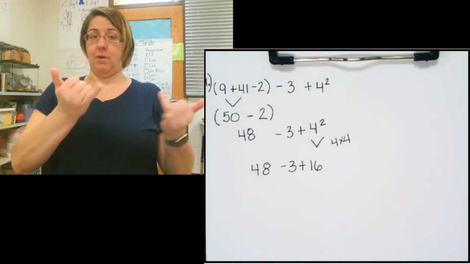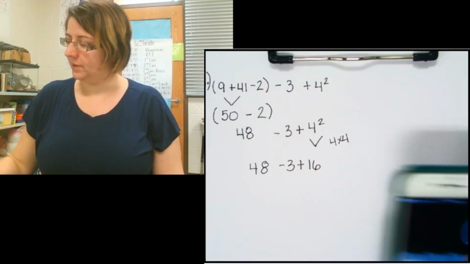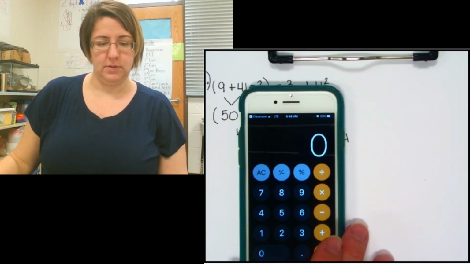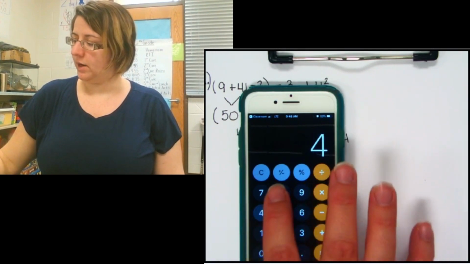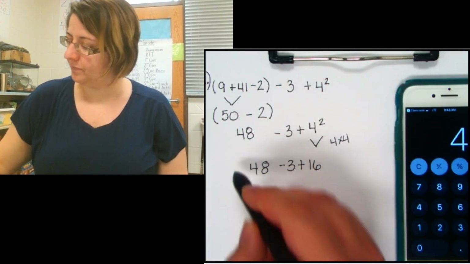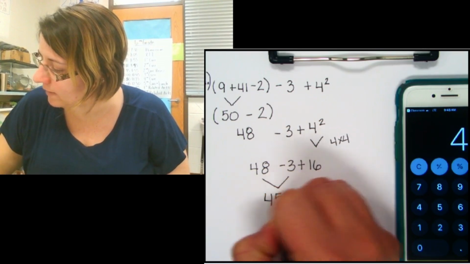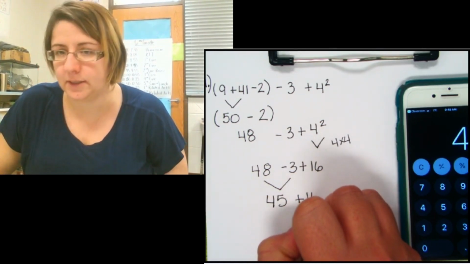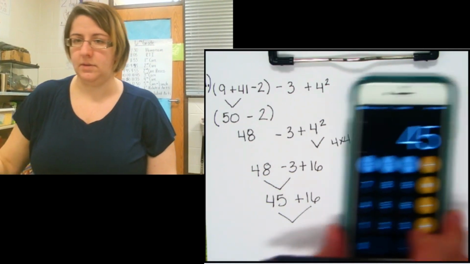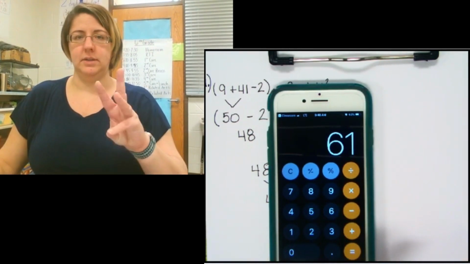So now we just go in order. 48 minus 3 equals 45, plus 16 is 61.